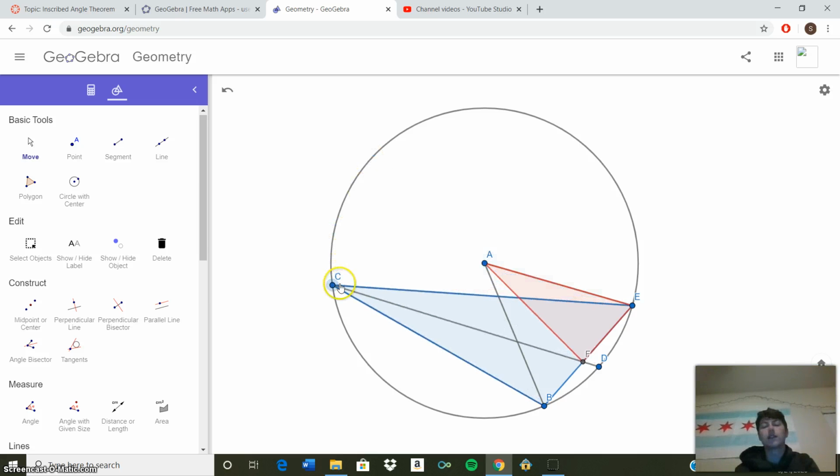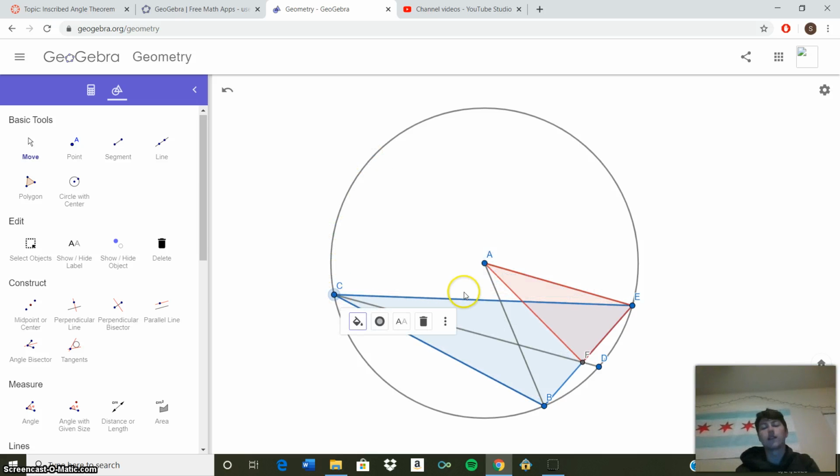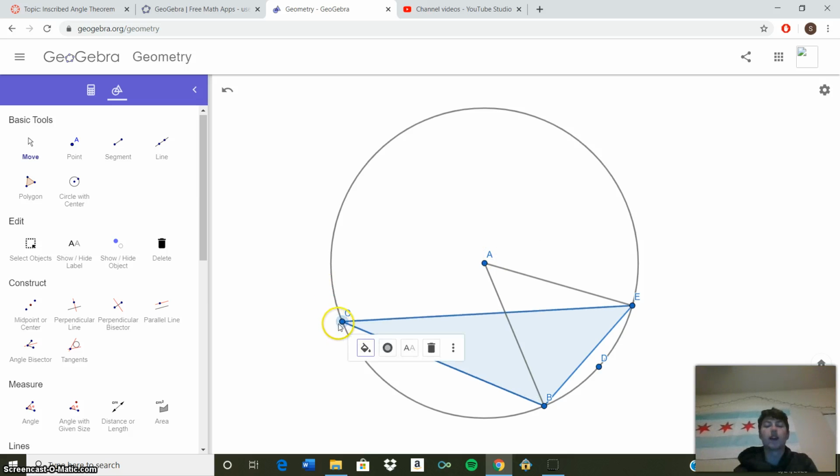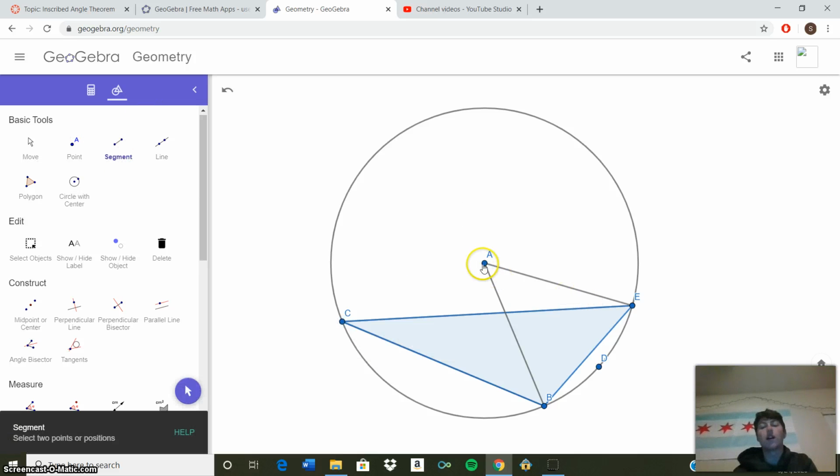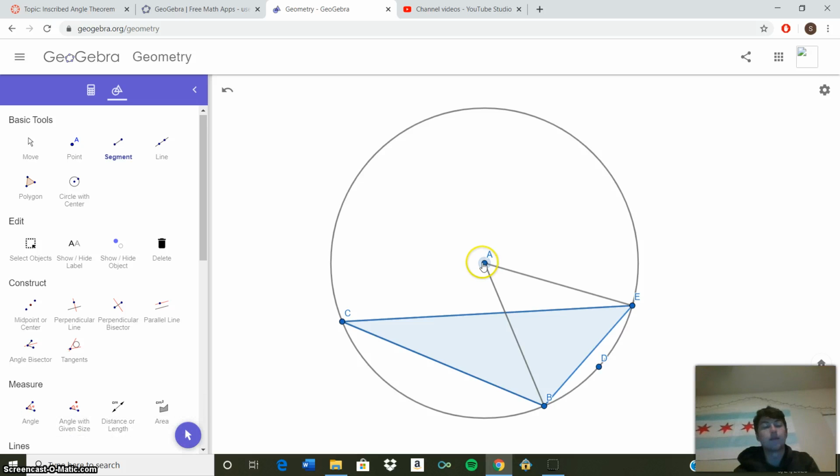The last case is like this. Let's get rid of that. Oh no, we want to keep that. We want to get rid of that. Okay. So now this looks a little different. We have an hourglass shape right here. But what we can do is draw another diameter.